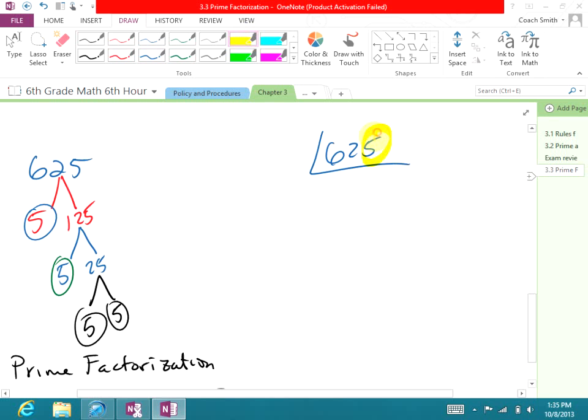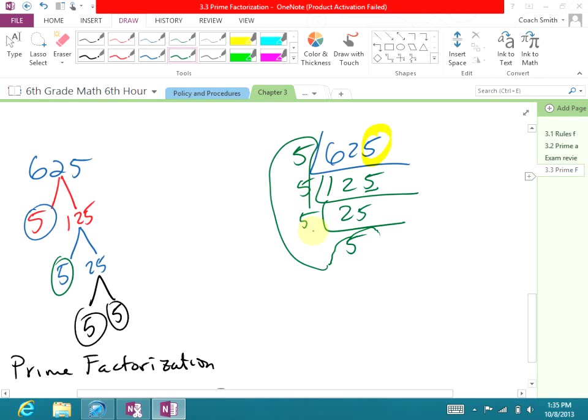It ends in 5, so I know 5 has to go into it, and 5 is prime. So that's 125. I can continue to use 5 because of that 5 at the end. That's 25. 5 goes into 25 5 times. Once again, there are all your prime numbers. I got 4 of them. 5 to the 4th power.